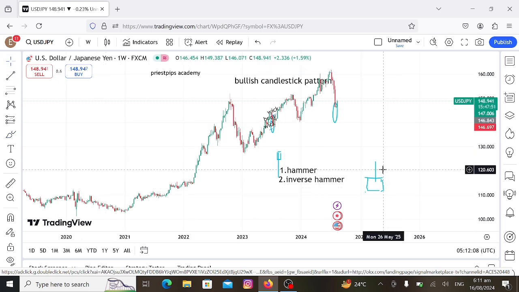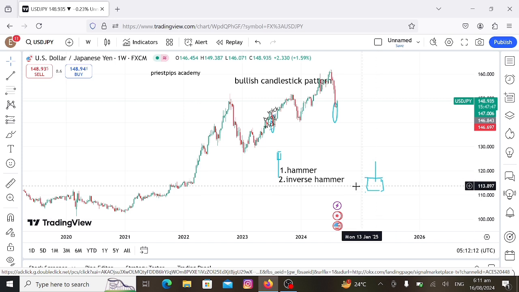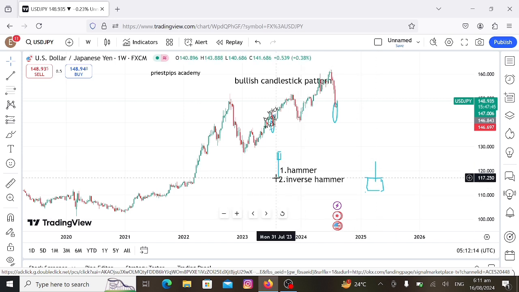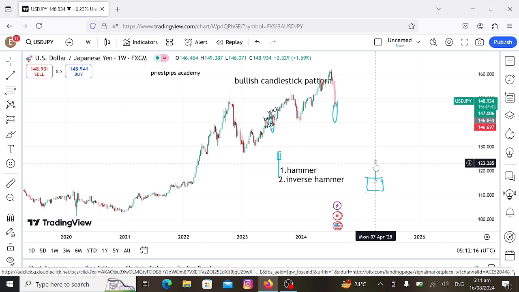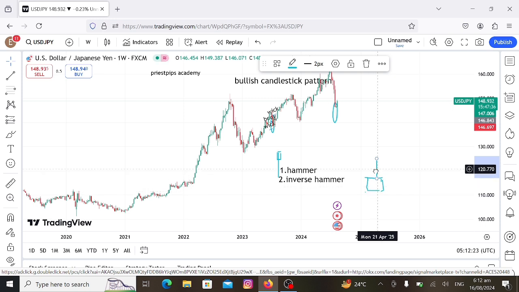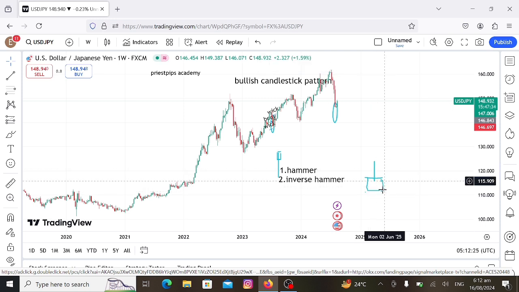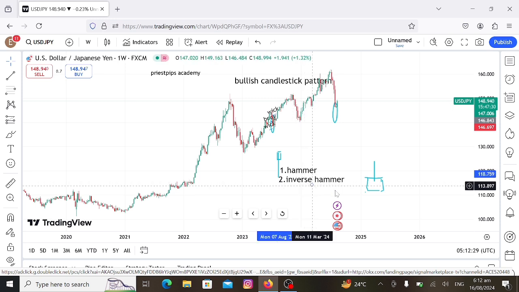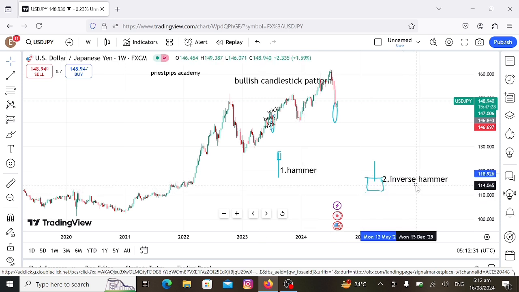So this is what an inverse hammer looks like, just like the opposite of a hammer. When a hammer has a wick downward, the inverse hammer has a wick upward. The wick is up. This is an inverse hammer. This is how it looks.